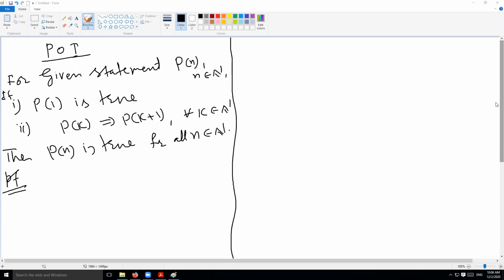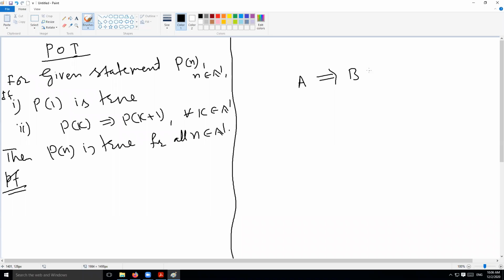Anyway, how are we going to prove this statement? We want to use the method of contradiction, and I hope you remember the method of contradiction. So what was the method of contradiction?